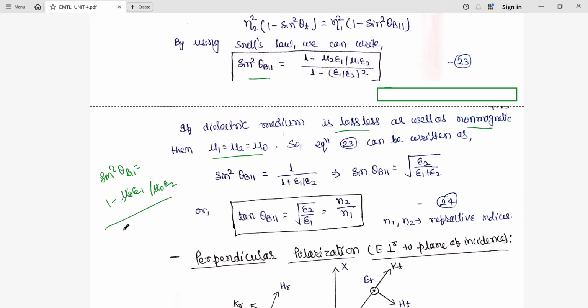And here, after rearrangement, we have 1 minus epsilon 1 square by epsilon 2 square. Now again, rearrange this part.